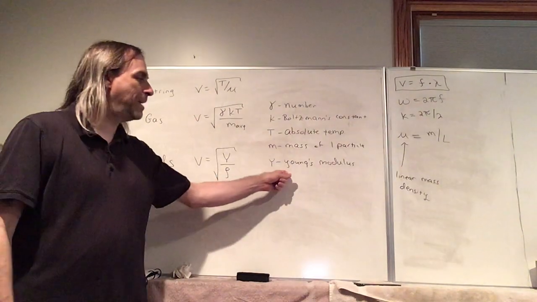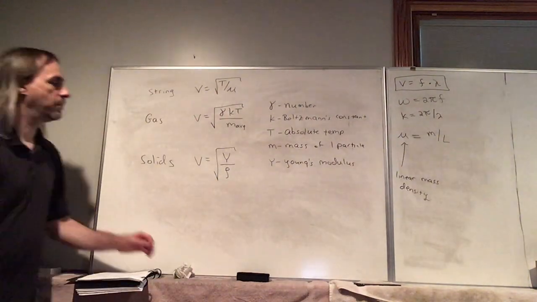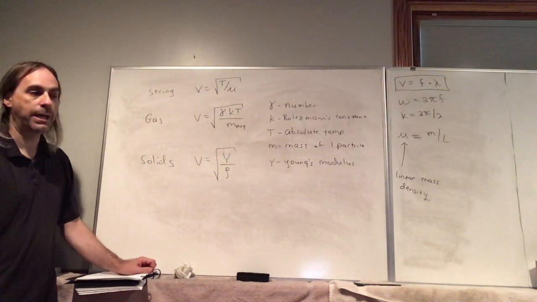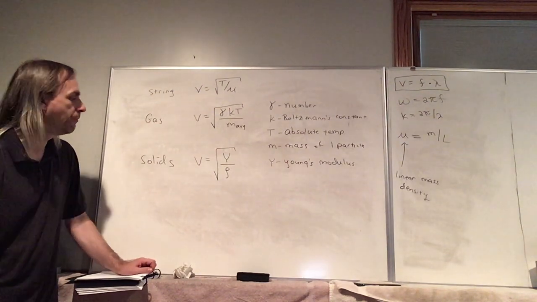Young was one of the people that actually figured that out. So he was an all-around genius: math and science, and then things like languages as well.